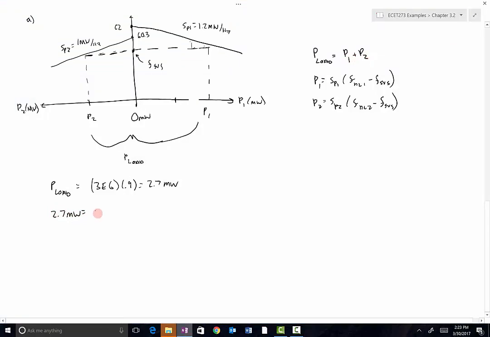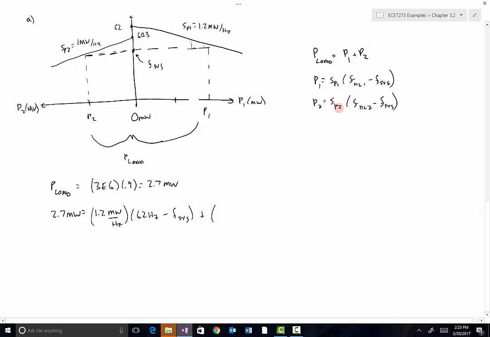So we can start to sub in numbers. That's 1.2 megawatt per hertz for the frequency droop characteristic of Gen 1. The no load set point was given to us as 62 hertz. We don't know system frequency yet. That's what we're trying to solve for, F sys. And then we need to add on P2.